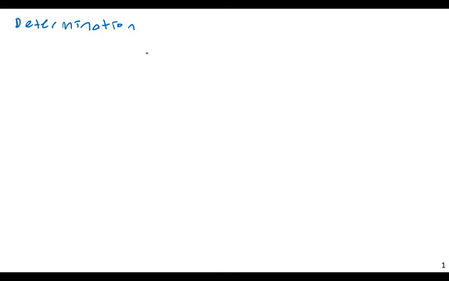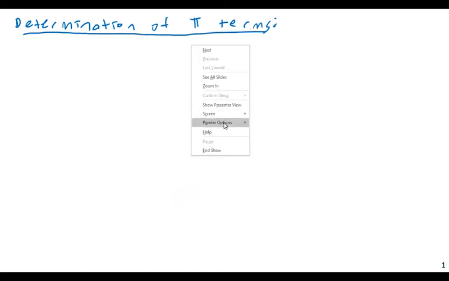I gave an example of it, that kind of thing. But I didn't actually talk about how we actually find those things. And that's what we're going to talk about today. Again, we'll be using the method of repeating variables, and we'll list a series of steps.